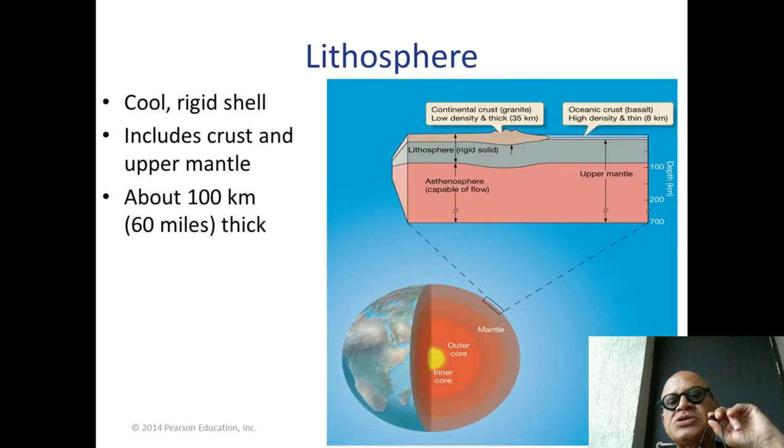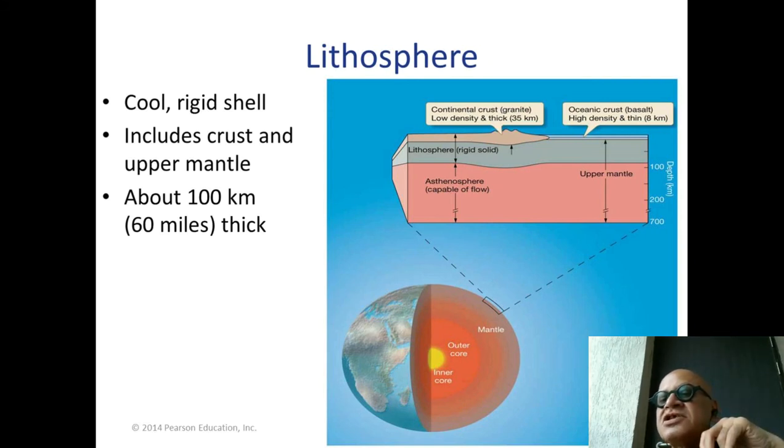Lithosphere, we already mentioned, is rigid. It's cool. It's not very hot. It includes the crust and the upper mantle. So it's about 100 kilometers thick from the surface. And you can already see here that the oceanic crust is basaltic.